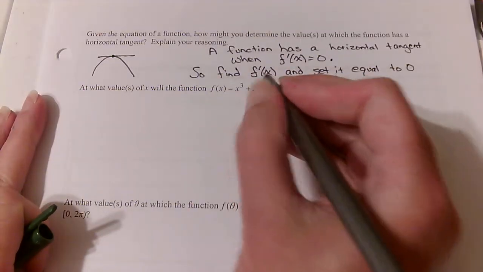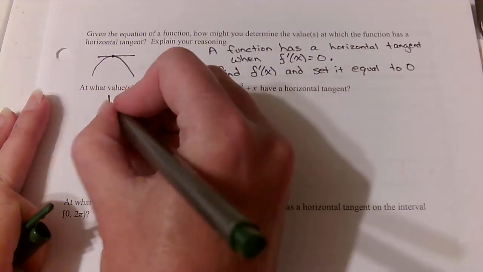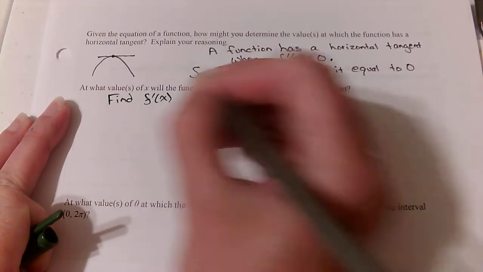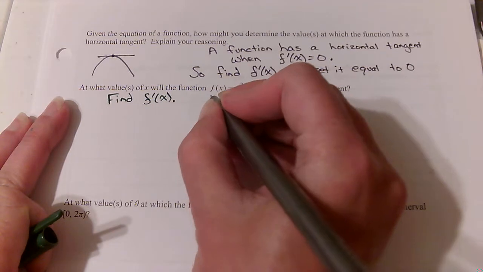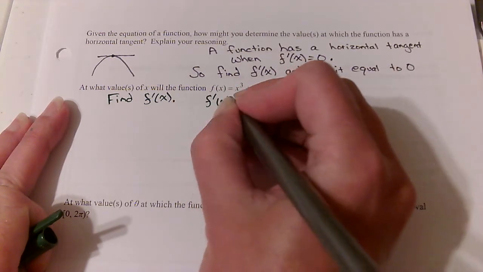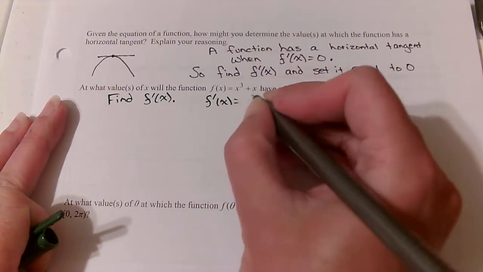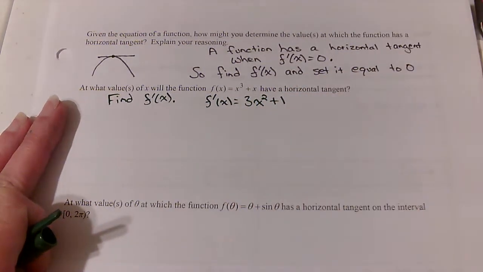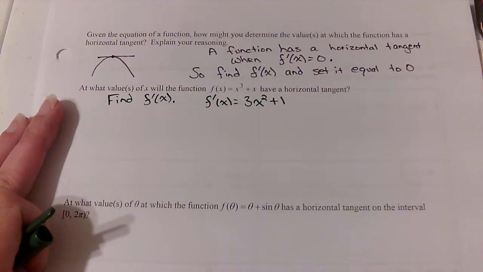So the first step is to find f prime. So we're going to find f prime of x. So f prime of x equals power rule 3x squared plus 1. I want to set that equal to 0.